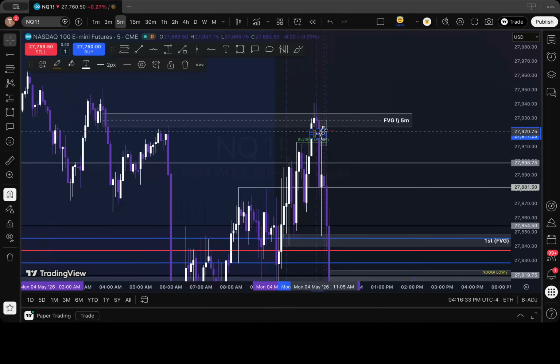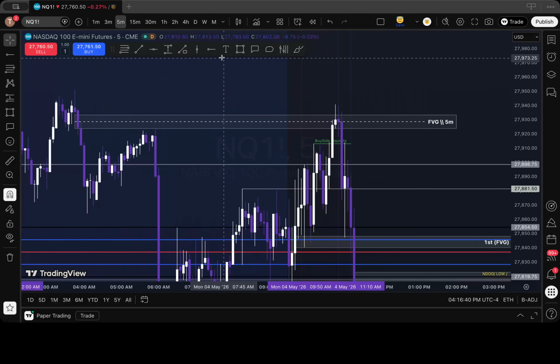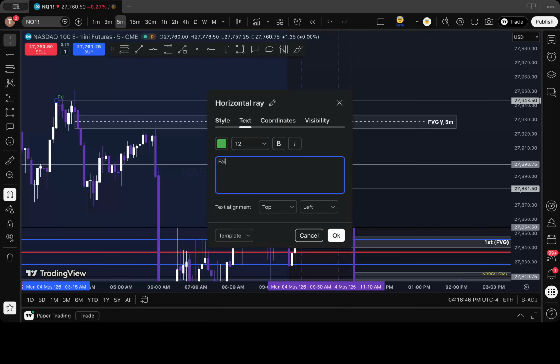See it? After taking on that 1 minute buy side and we failed to breach here. Line failed to breach. Put it to the right.